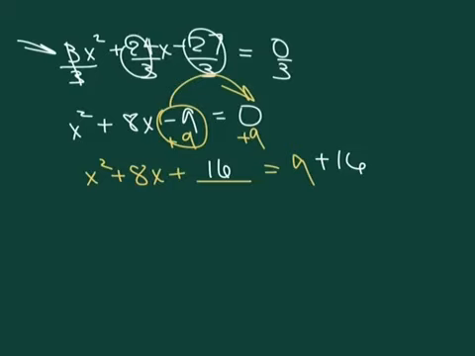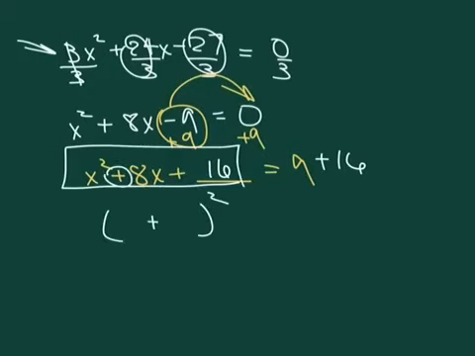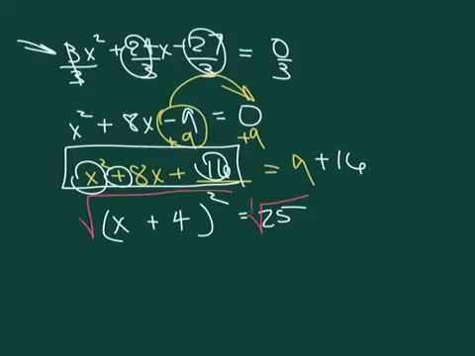So we have this right here that we're going to make into that with that. There's a plus sign there. Square root of that. Square root of that. 9 plus 16 is 25. Okay? So far, so good. Now, square root of this side, square root of this side, plus or minus. x plus 4 equals plus or minus the square root of 25, which you know the square root of 25 is what? 5.